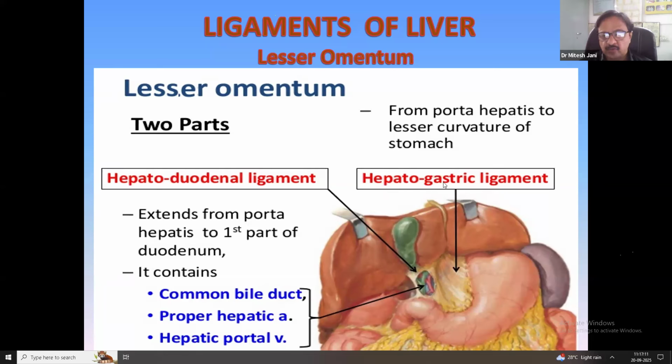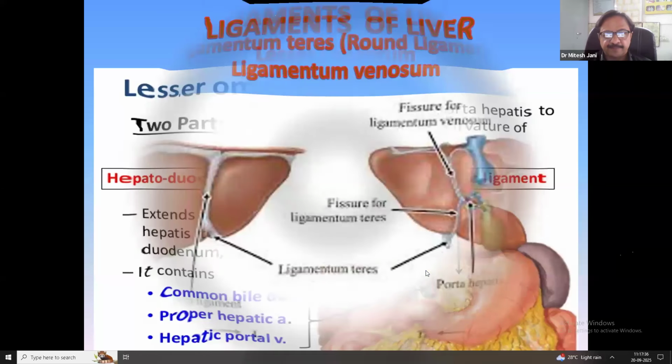Another ligament, the hepatoduodenal ligament, connects the duodenum, extending from the porta hepatis to the first part of the duodenum, and contains the common bile duct, hepatic artery, and portal vein. This is the content of the porta hepatis.